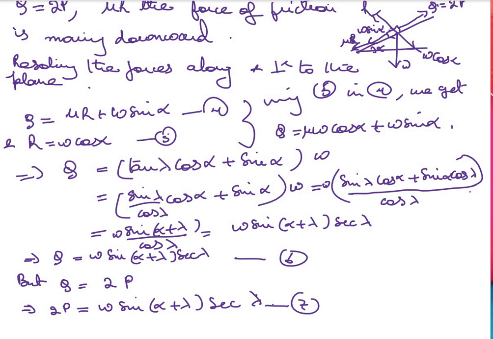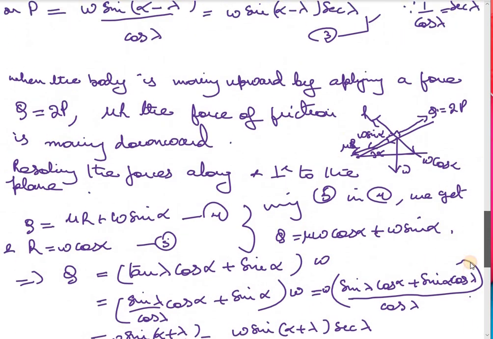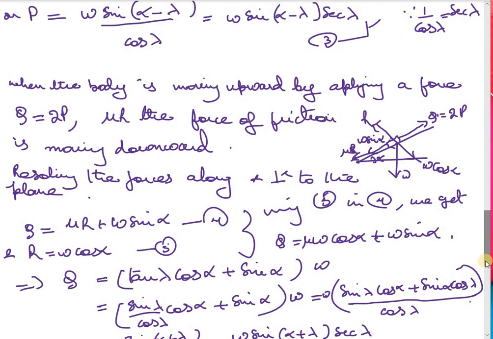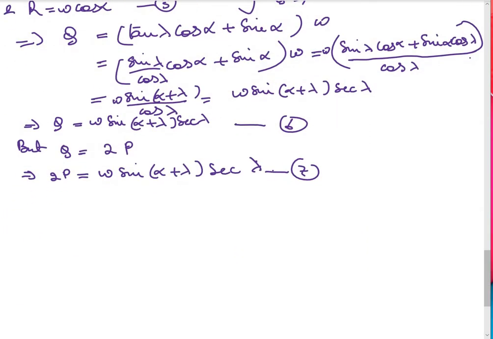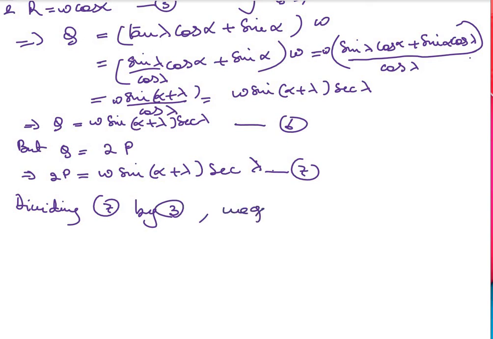And what is equation 3? Equation 3 is P is equal to W sin of alpha minus lambda into secant lambda. So dividing equation 7 by equation 3, we get: what is equation 7?